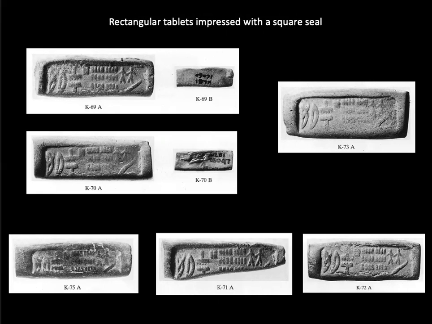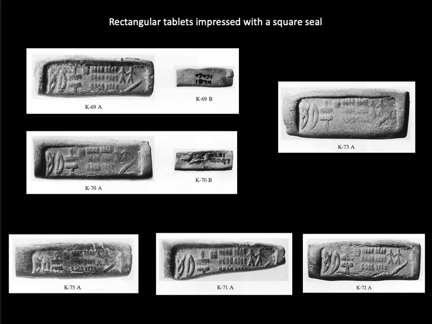part of the seal. And we have evidence from Lothal also, where we see that when an administrative sealing is impressed by a seal with multiple signs, the emphasis is placed on having the inscription be visible rather than having the figure be visible.